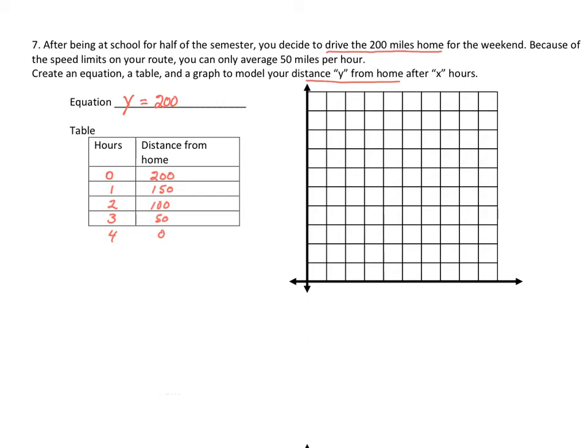Now we're going to drive. We are decreasing the distance from home, so we're going to subtract. And we're going to subtract 50 miles every hour. That's miles per hour. So to figure out how many times we're going to subtract 50, we have to multiply that by the number of hours. If x is the number of hours, then there's our equation.